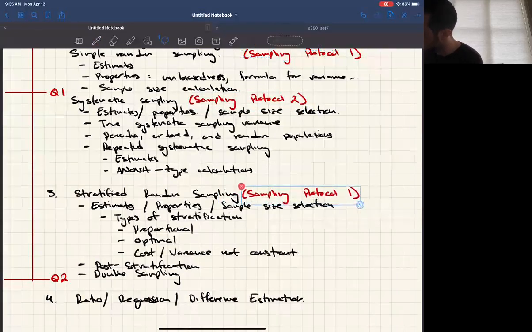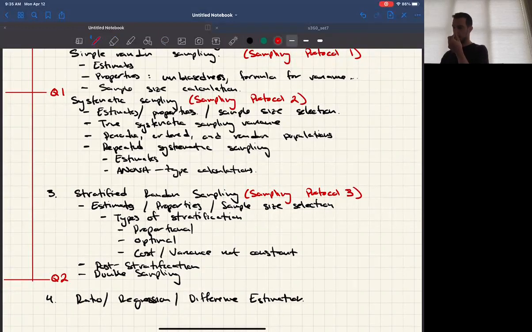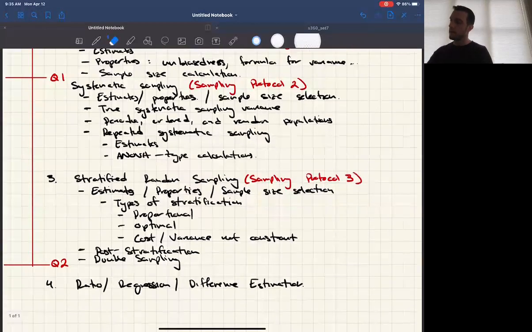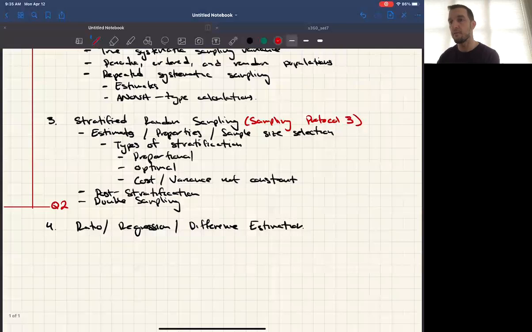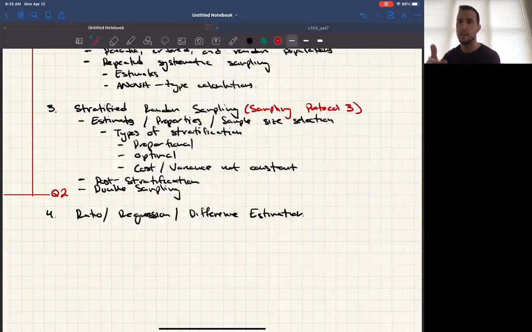And this would be sampling protocol number 3. Right. So in lecture set 4, we don't have a new sampling protocol. We just have a different strategy for actually estimating the population quantity. So the goals here again are exactly the same. So estimate a mean, a total, or a proportion by including additional information.